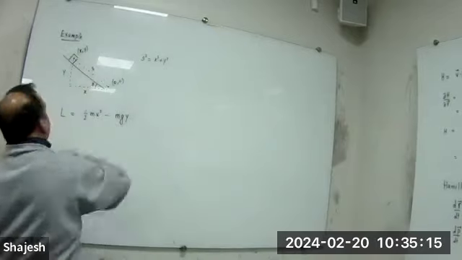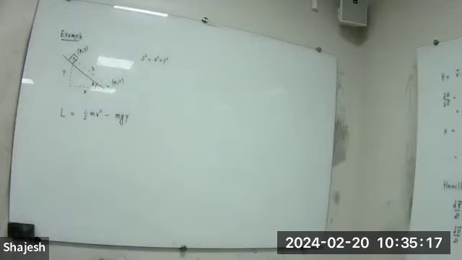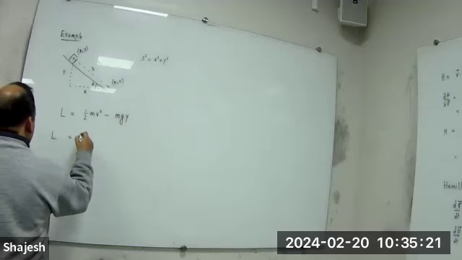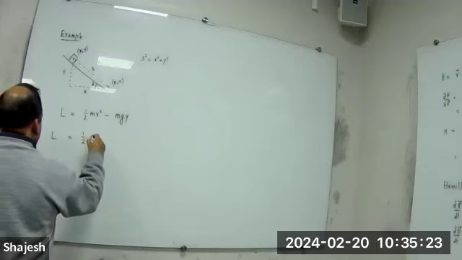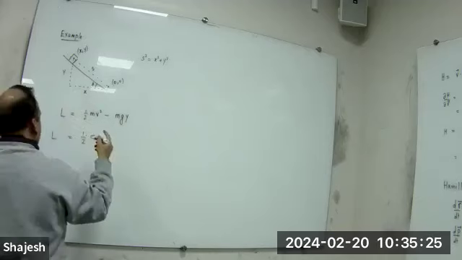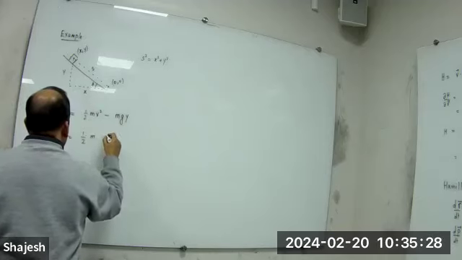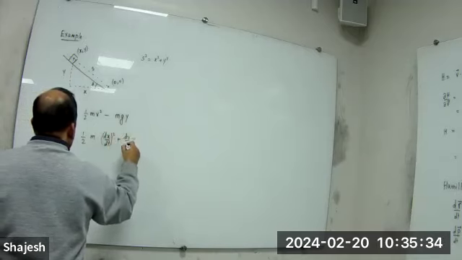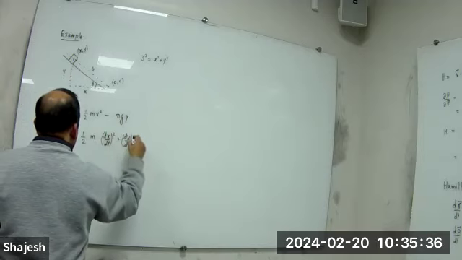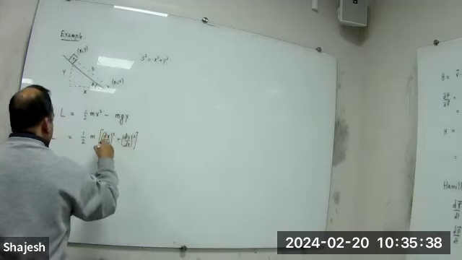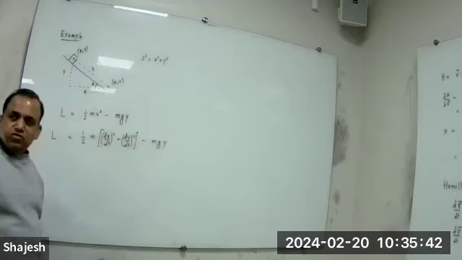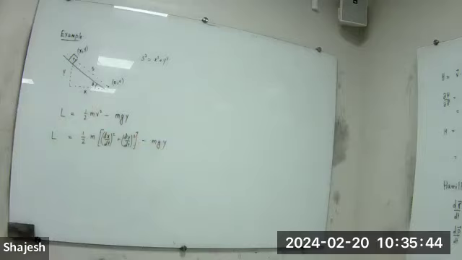Now there are two parameters here, x and y. So apparently the Lagrangian is equal to half m times x dot squared, so this is (dx by dt) squared plus (dy by dt) squared, minus mgy.